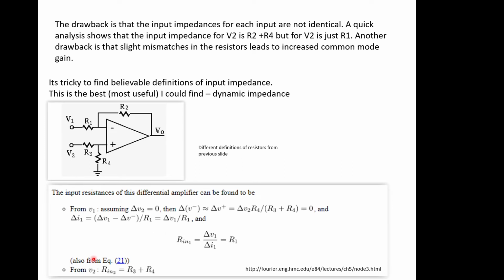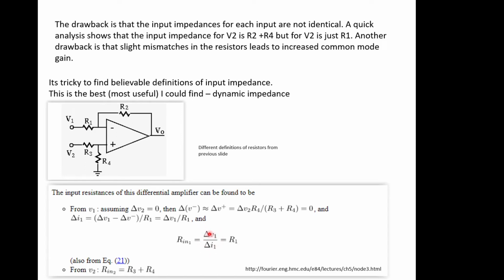One of the drawbacks about this type of amplifier is that the input impedances looking into each input are not identical. And this turns out to be a point of contention if you start looking on the internet for it, because we have to ask ourselves, what do we mean by input impedance? We're looking into here and saying what resistance we're seeing, but what we're really saying is what's the variation of voltage with current, like here, dV1 over dI1.